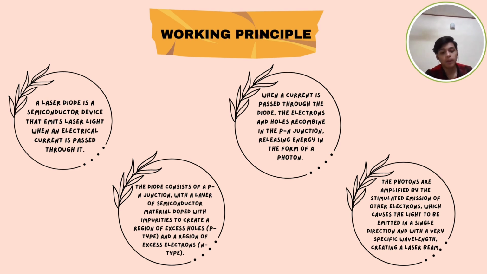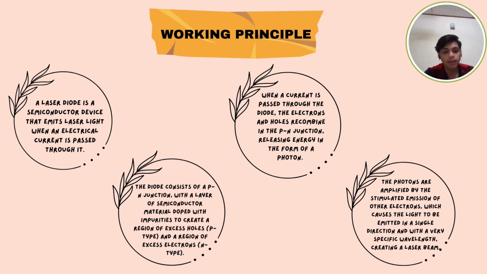The standing wave pattern created by the mirrors causes the stimulated photons to be amplified and emitted in the same direction, creating a highly collimated beam of light known as laser light. This process is called laser action.